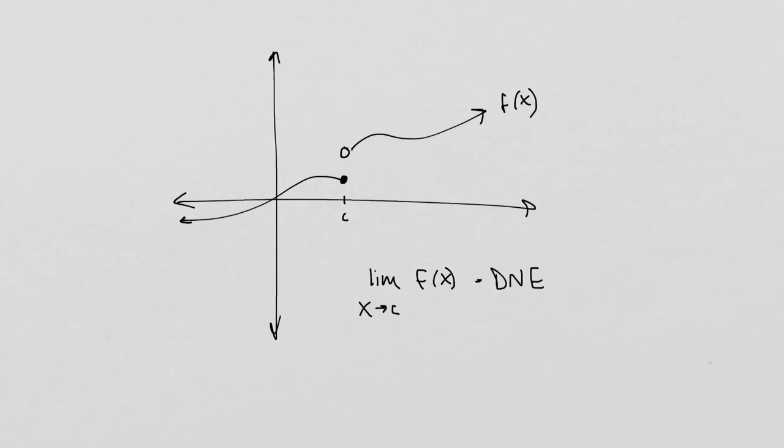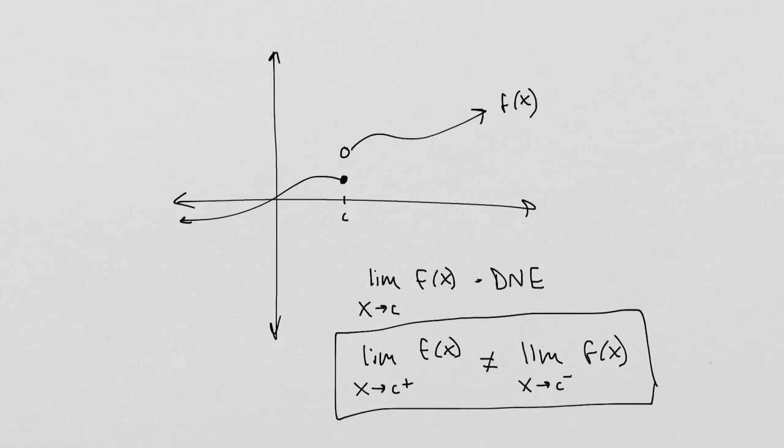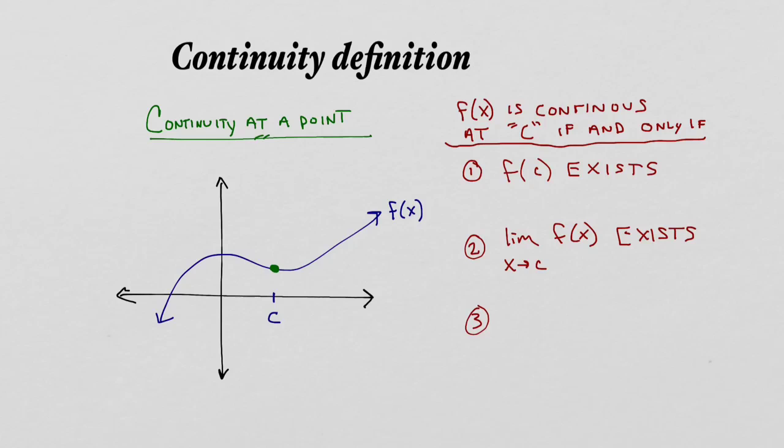This is a picture of what it looks like for the limit as x approaches c of f of x to not exist. The limit from the left and the limit from the right are not the same. Symbolically, the limit of f of x as x approaches c from the right is not the same as the limit of f of x as x approaches c from the left.